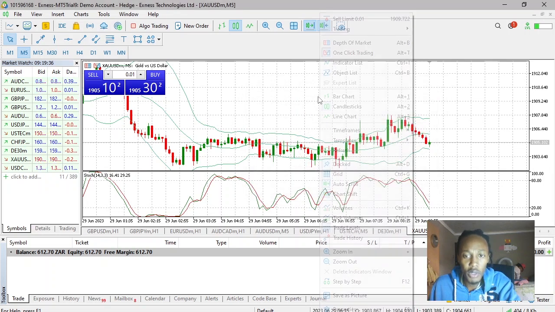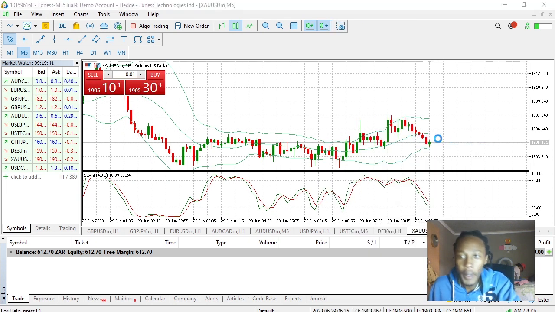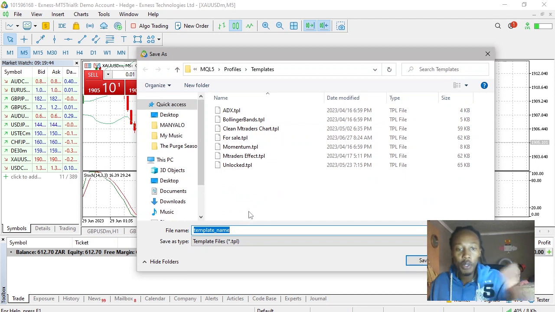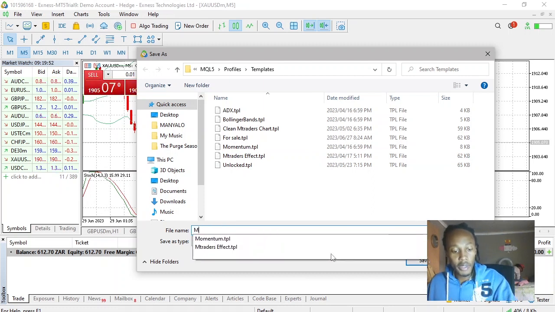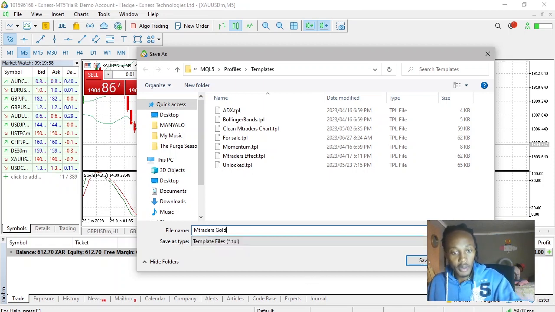Then you might as well save the template. You can come here to template, then press save. You can use your own name. With me, let me use M Traders gold system.